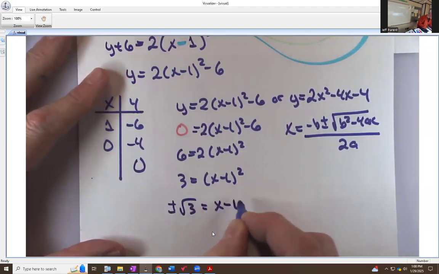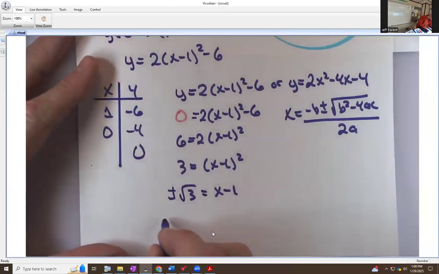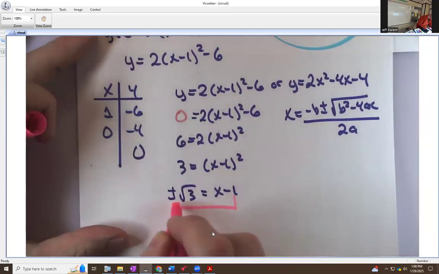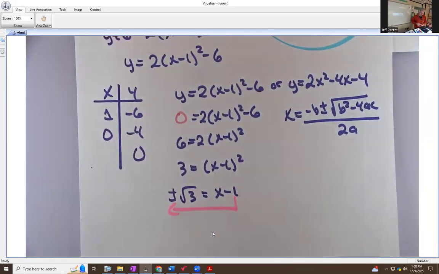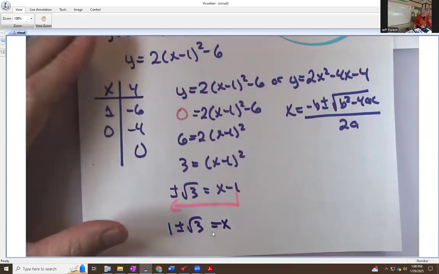And I'm sure that Gavin and everyone else remembers we need a plus or minus there for the square root of 3. Last but not least, you want to get x by itself. So you move the 1 to the other side. When it changes sides, it changes signs. All right, so we got 1 plus or minus the square root of 3 equals x.